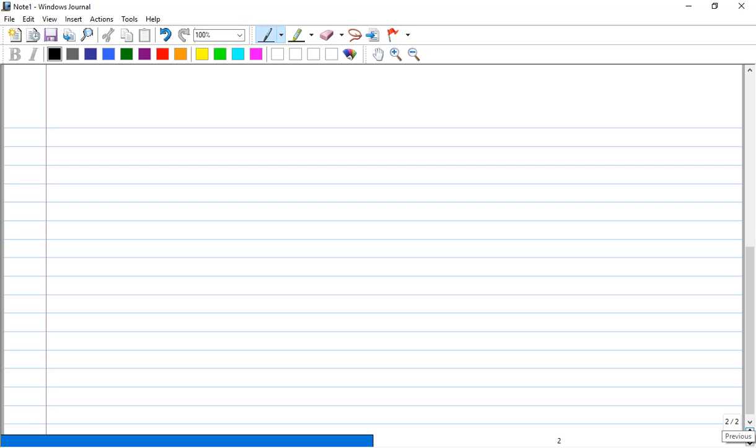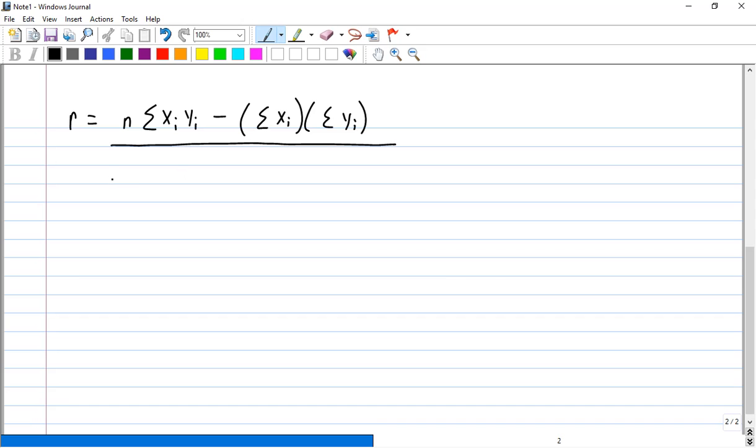So the computational formula, again, it's already written down for you, but I want to go through it, is R equals N times the sum of X sub I times Y sub I minus the sum of X sub I times the sum of Y sub I divided by the square root of N times the sum of X sub I squared minus the sum of X sub I, squared.